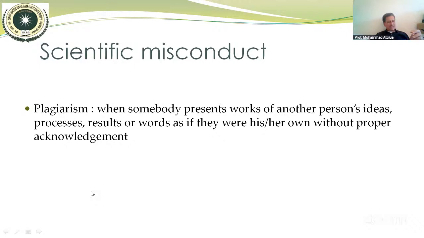The third or the last one is what they call plagiarism. When somebody presents works of another person's ideas, process, results, or words as if they were his or her own without proper acknowledgement, that is again dangerous. So plagiarism is again a very common phenomenon.